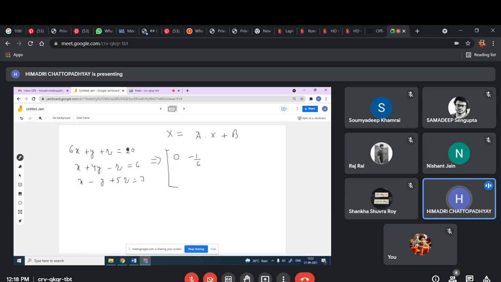So x is 20 minus y minus z. So minus 1/6, and this 1/6 like this. The rest you develop, then x y z into this, 20 by 6.